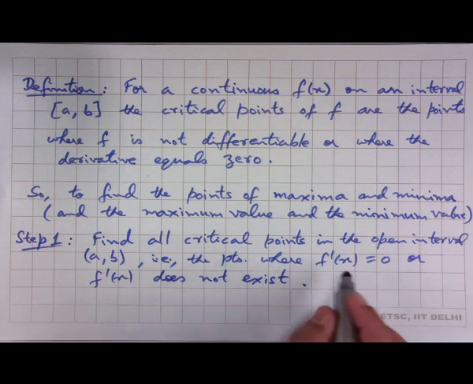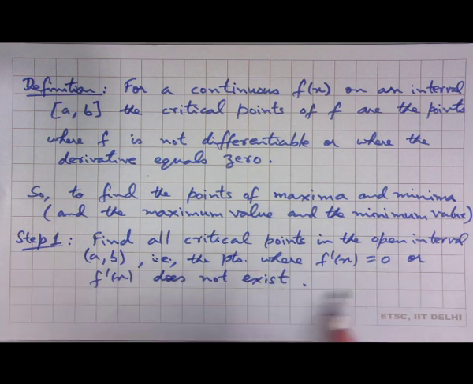So, we check for the points where the derivative does not exist and then find the points where f prime x is equal to 0. This gives me all the critical points.